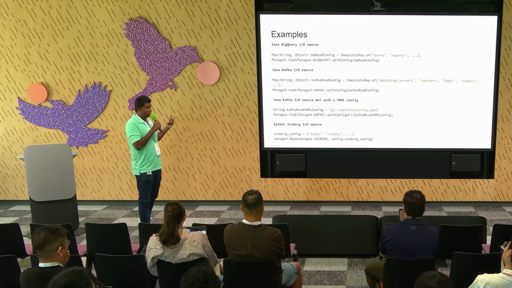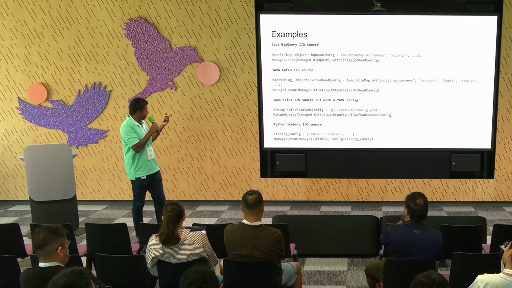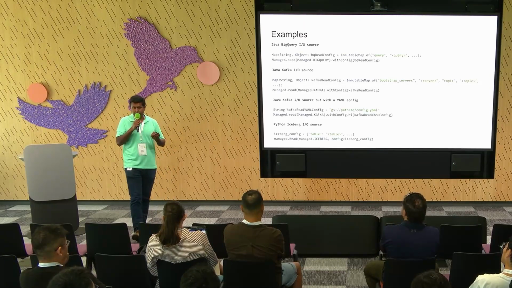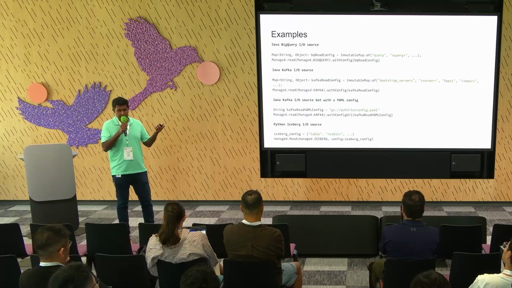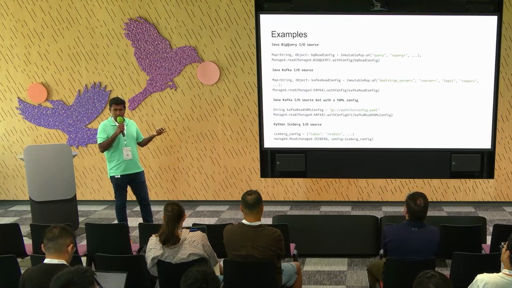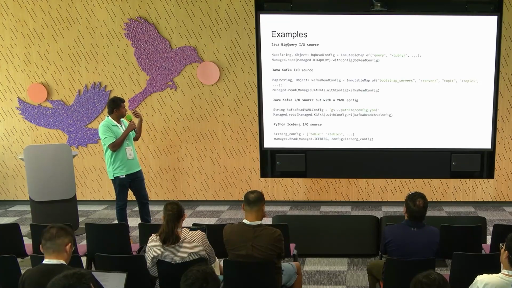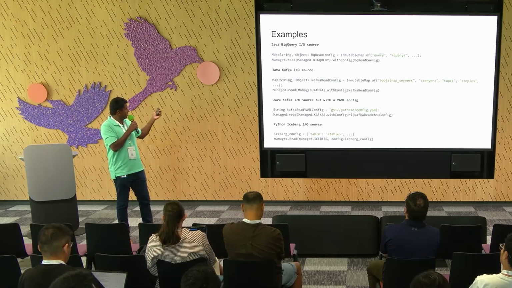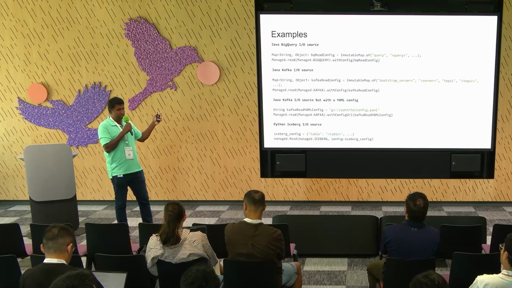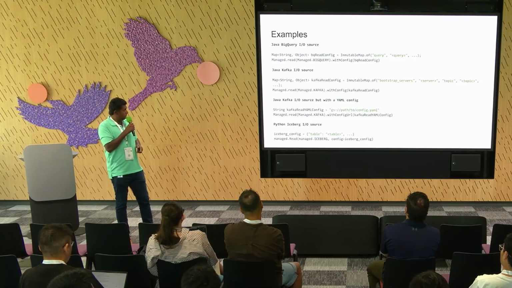If you want to create a Kafka source, you create a config with slightly different things. You would need bootstrap servers for your Kafka cluster. You would need a topic, for example. But the rest is very similar. Managed.read, now the key is managed.KAFKA, and your config.